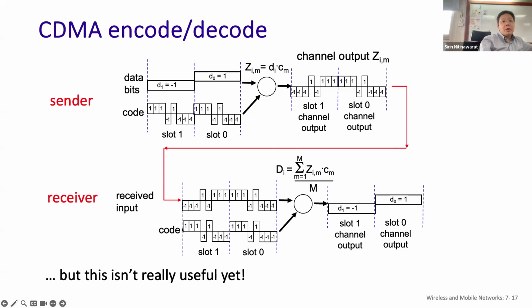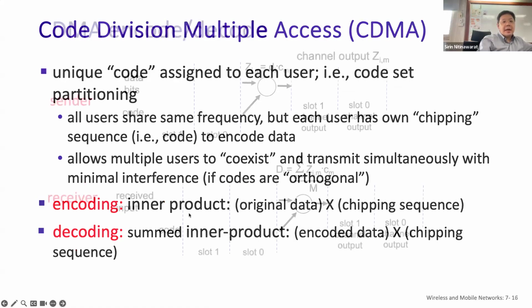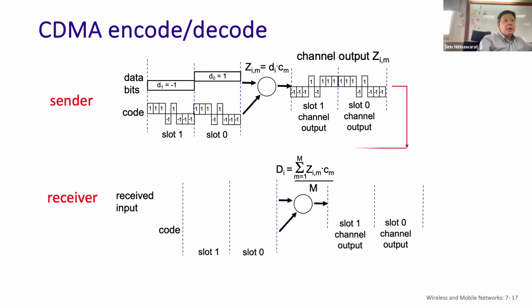And the way we do decoding is by doing the inner product of the received signal, which is also created by multiplexing the data bits with the chip sequences.